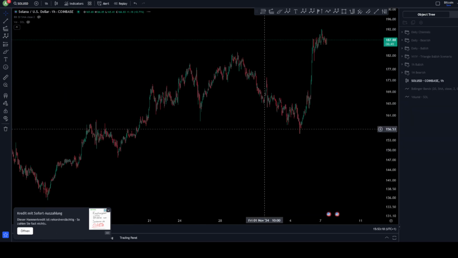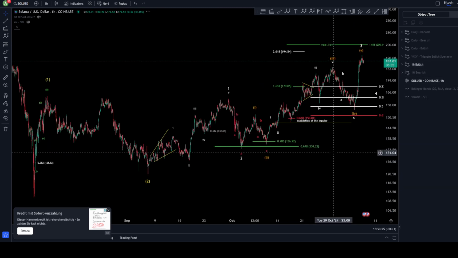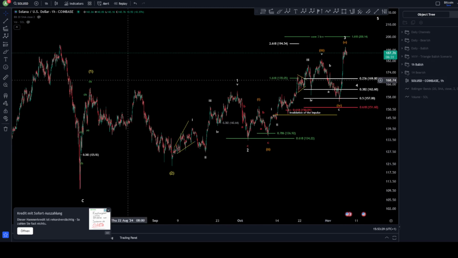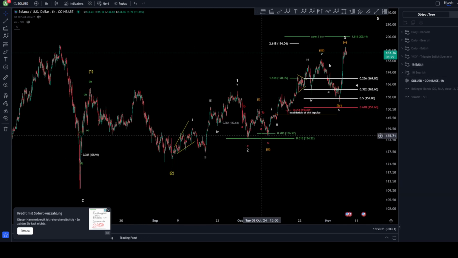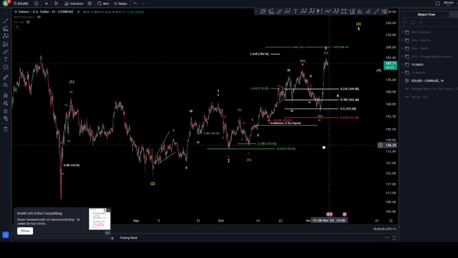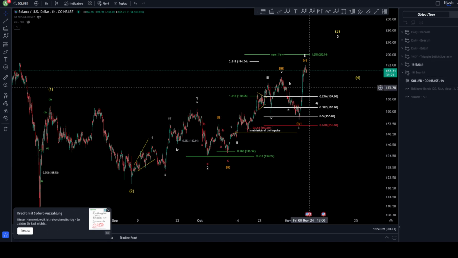So on the 1 hour chart, where are we? Okay, on the 1 hour chart, this is our 3 waves towards the upside. You have 1, 2, 1, 2, that's true. Then 1, 2, 3, 4, 5 in orange, that's nice, where we have finished as well 1, 2, 3, 4, 5.